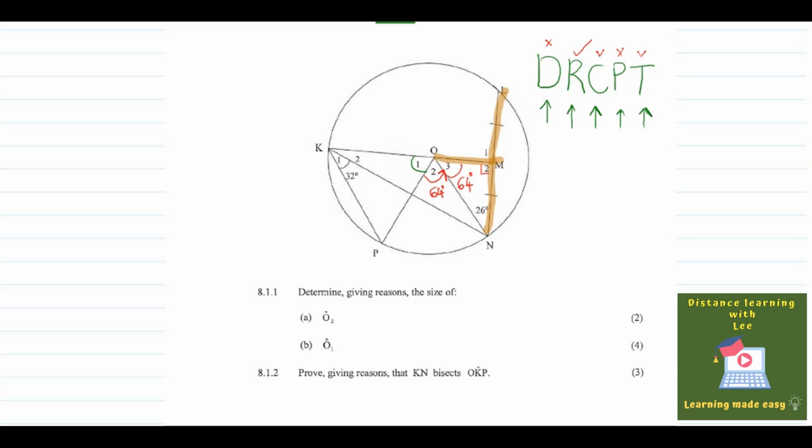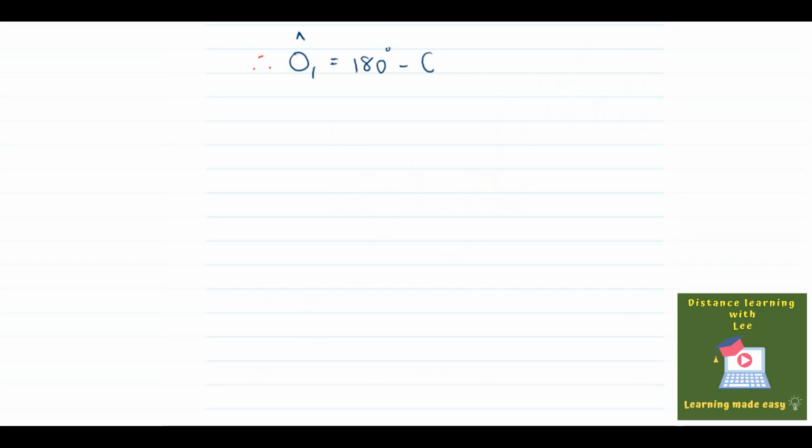So to get our O1, we are just simply going to say 180 minus the 64 plus that 64. Okay, so 180 minus 64 plus 64, when you punch that into your calculator, you get 52 degrees.